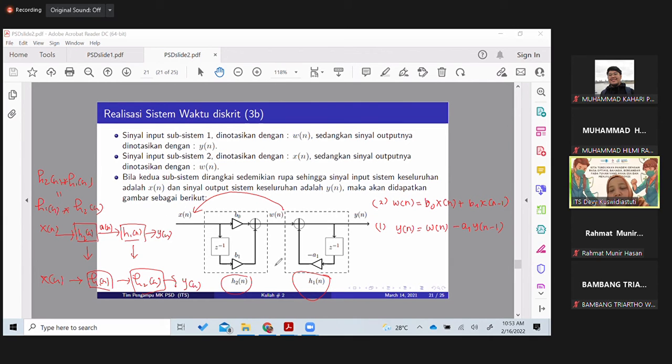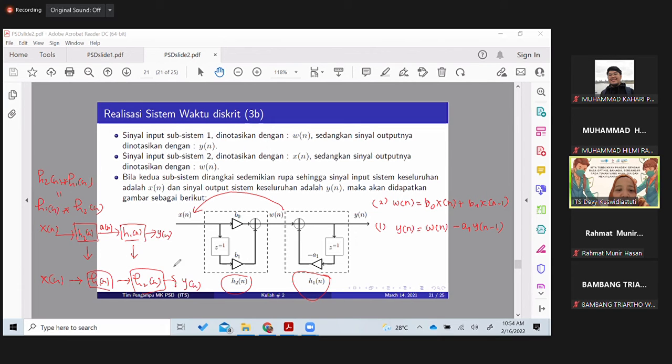This whole diagram can be described as a convolution of xn with H2n, and then the next one is convolution again with H1n, and then we get the yn.